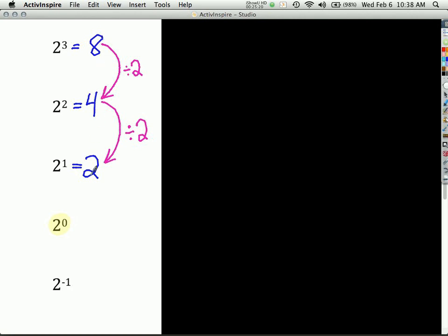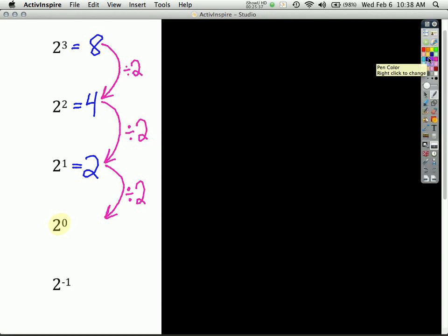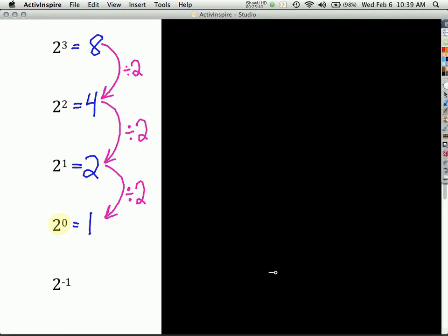Take this answer, divide by 2, and get the next one. Anyone see where I'm going with this? Divide by 2. What will we get for this answer? Majesty? 1. You get 1. So 2 to the 0 power must equal 1. So there's your explanation for 0 power.